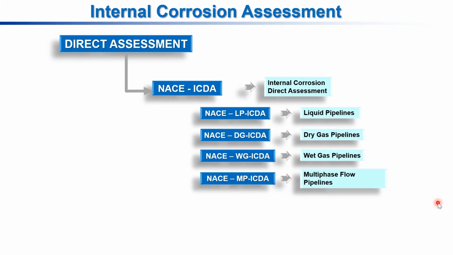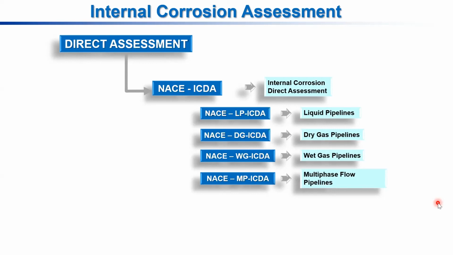The dry gas was one of the first ICDA methodologies that was developed by NACE after an incident that happened in the year 2000 in a location called Carlsbad, New Mexico. Then came the liquid petroleum pipelines after an incident that happened in Alaska. And then we developed the wet gas ICDA and what I call the mother of all, the multi-phase flow ICDA.